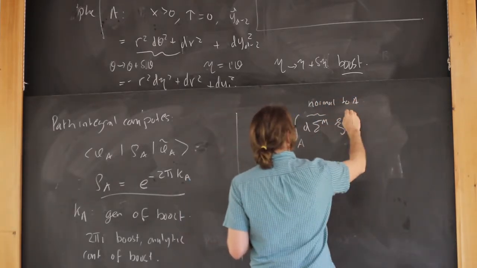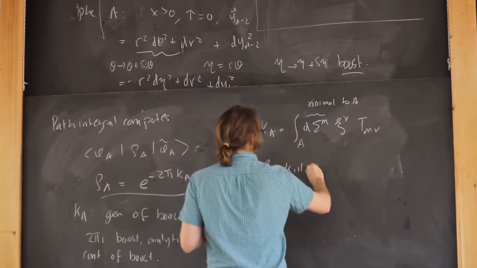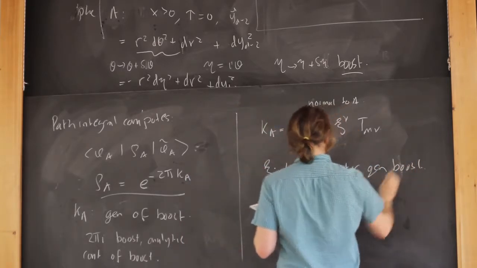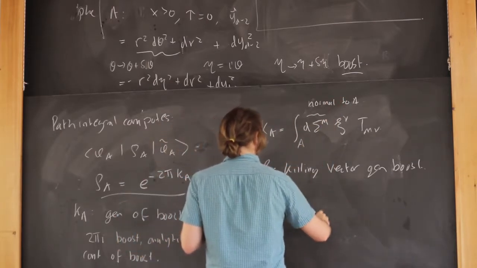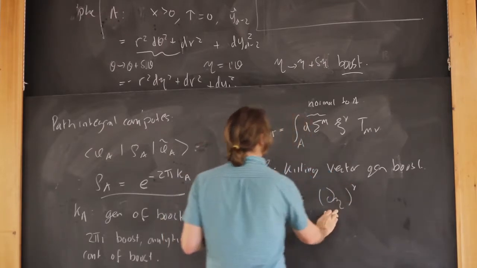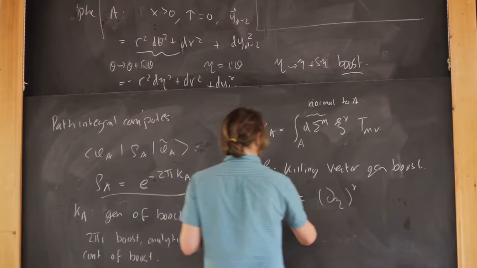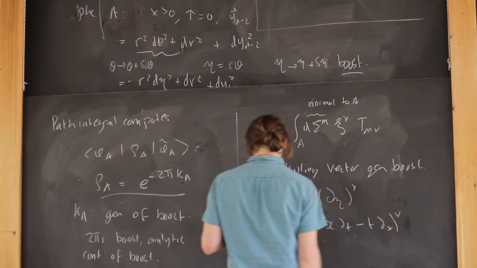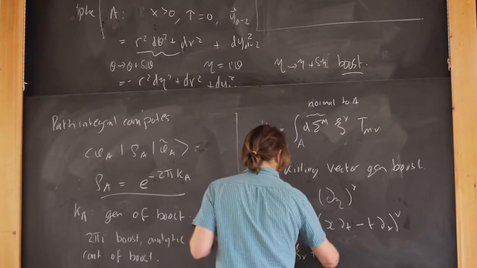And then I have some Killing vector xi, which generates the boost. This is a very fancy way to write things, but not so complicated. Where xi is just d by d eta. So remember the boosts, at least in these coordinates, just look like d by d eta. And then you can rewrite it in flat coordinates, something like this. And of course, this fact that it's a Killing vector just means that it solves this equation.